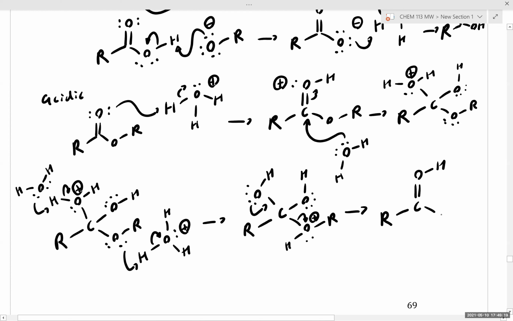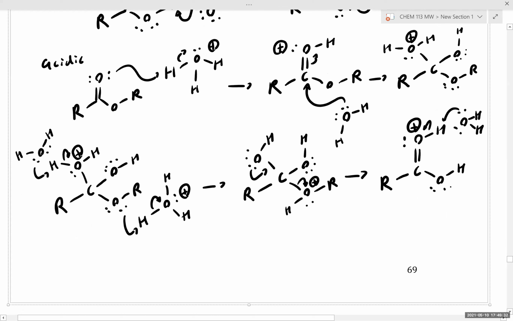That in turn generates our highly acidic protonated carboxylic acid that is quickly and almost immediately deprotonated by solvent to give us the desired neutral carboxylic acid.